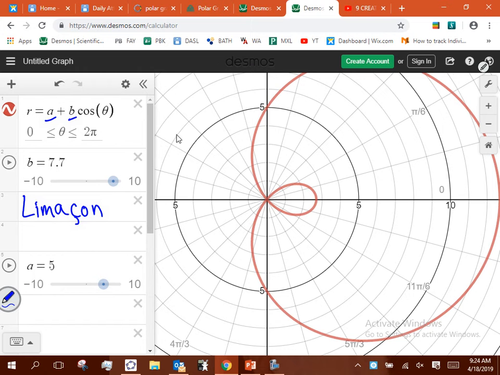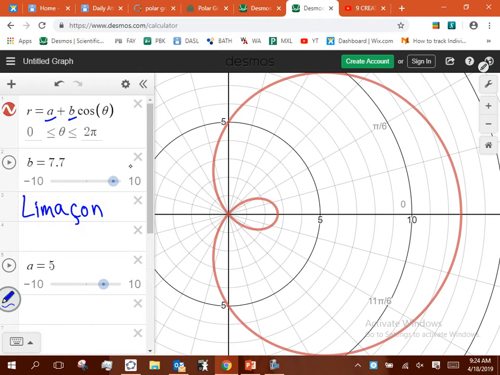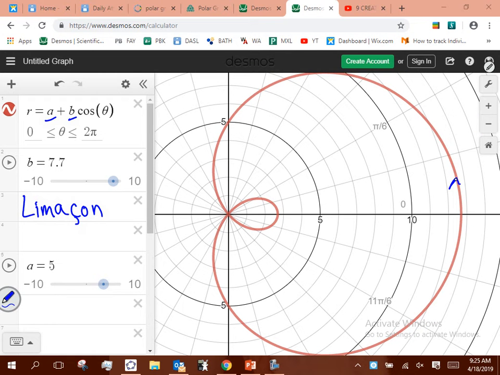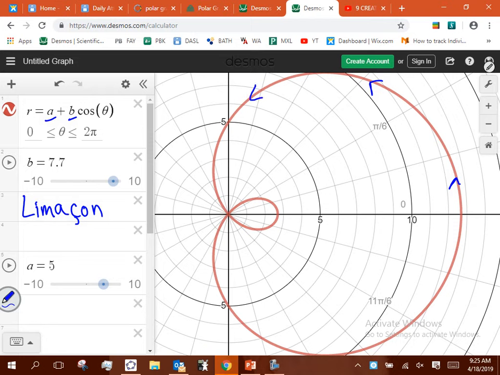If we were to create a T-chart, we would see that this would show that kind of movement. Does that make sense? As we graph it, we're moving around there, we create the loop, and then come out of that loop. But that's still referred to as a limaçon.